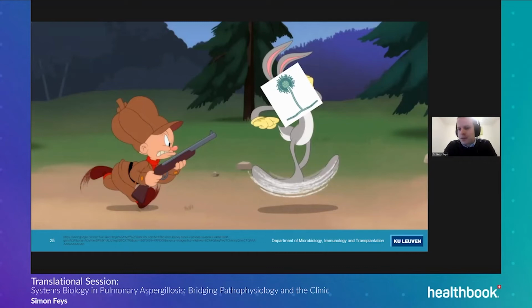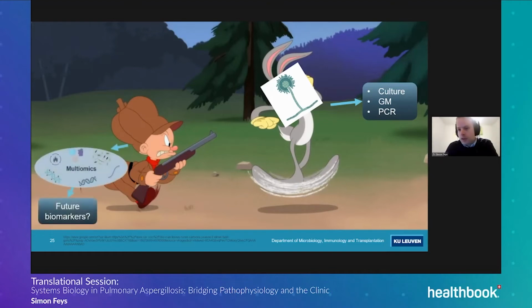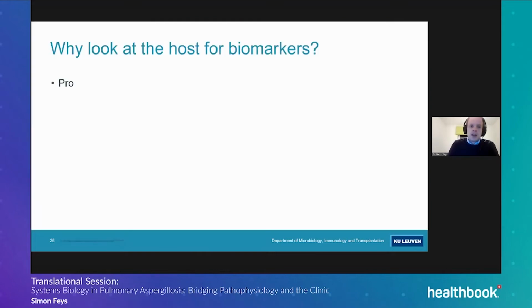So at the laboratory level, we just look for the fungus. We go for a culture, for galactomannan, for PCR, to find mycological evidence of invasive aspergillosis. But through multiomics we could also go for host-based biomarkers, so looking at what our immune system does to get a sign that something is going on in these patients.